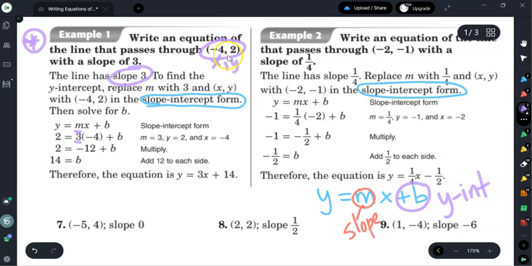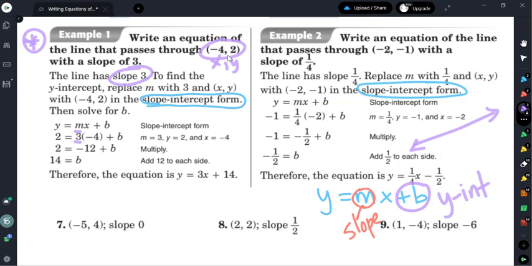Now, -4, 2 is just one of an infinite number of points on this line. Remember, when you have a line, if I were to draw a line like this, those arrows indicate that the line goes on forever. And that means that there are points going on that line forever. And we cannot possibly plot all of them. All we need to establish the equation of that line is one of these points.